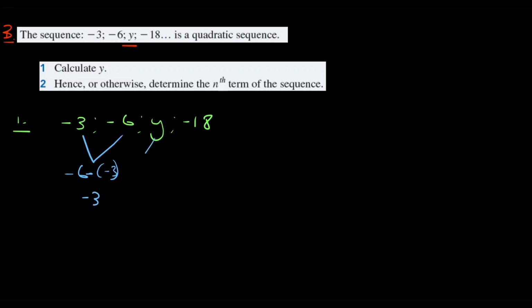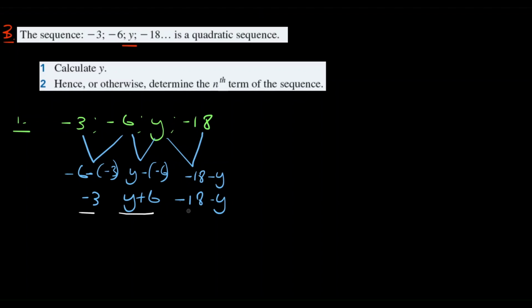And y minus 6, which is nothing more than y plus 6. And then -18 minus y. So this is our first differences: -3, y plus 6, -18 minus y.